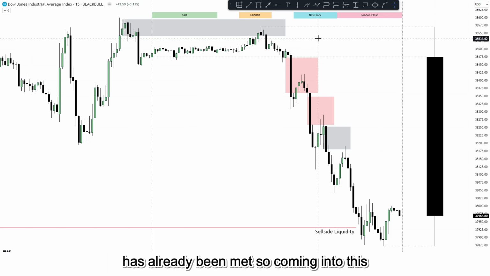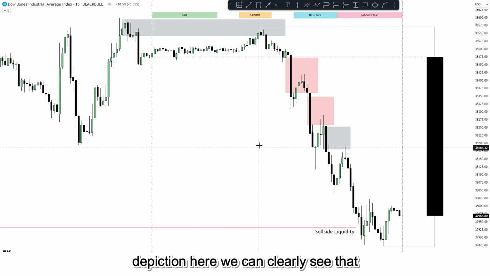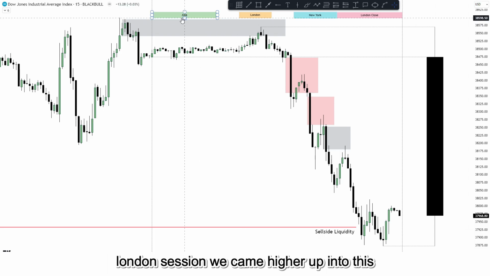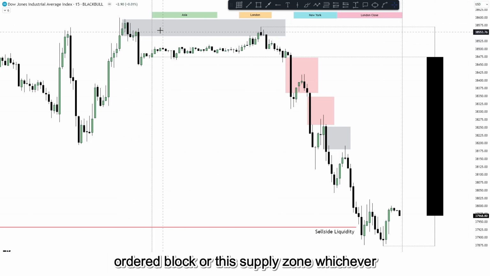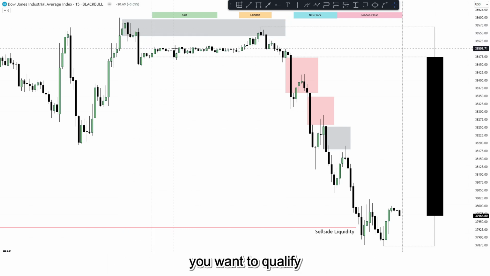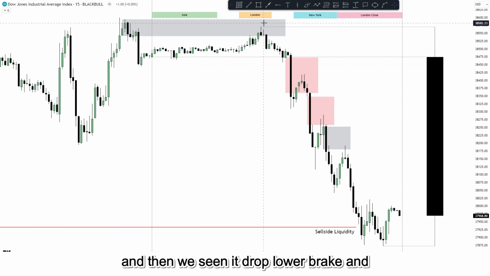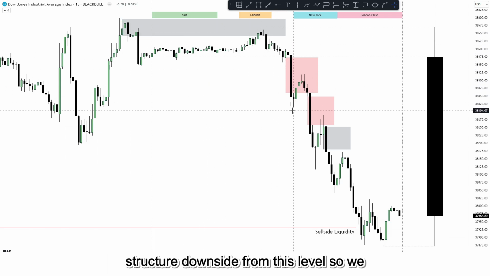So coming into this depiction here, we can clearly see that London session, we came higher up into this last up close candle known as this bearish order block or this supply zone, whichever you want to qualify. And then we seen it drop lower, breaking structure at downside from this level.